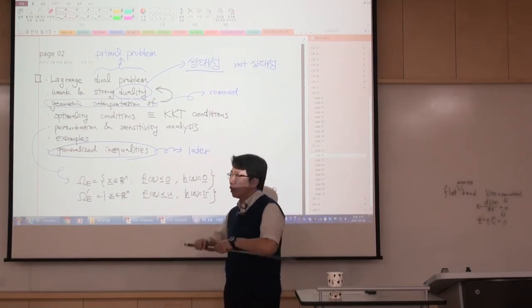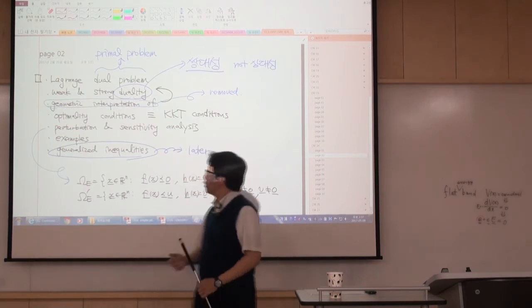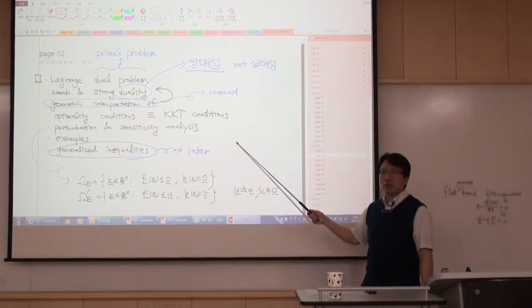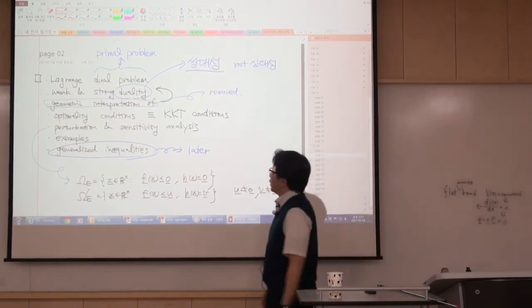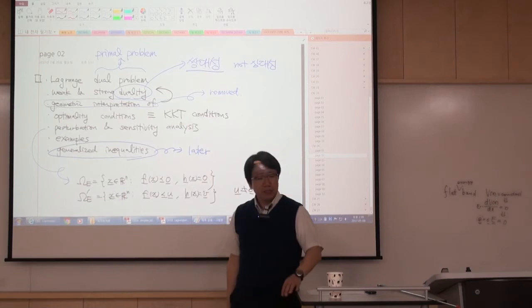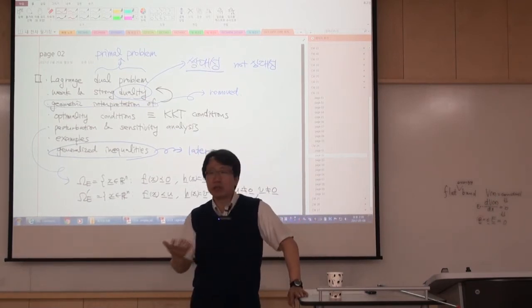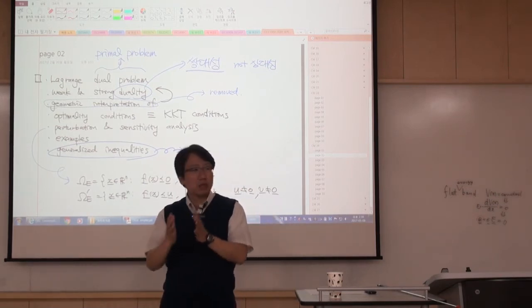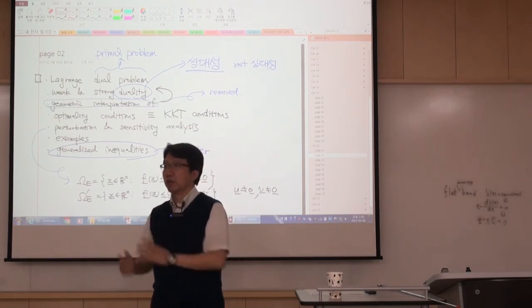So this dual problem, which we haven't yet seen, is a very, very interesting one. So that's what we are going to study. When I first studied this duality, it was quite confusing. As you've seen from our textbook, the last chapter of linear programming is about the dual problems for linear programming problems.